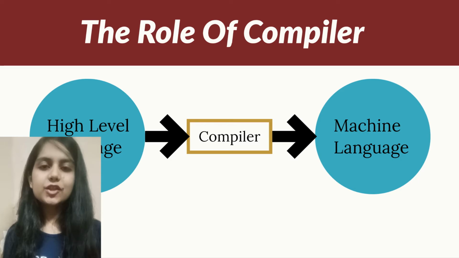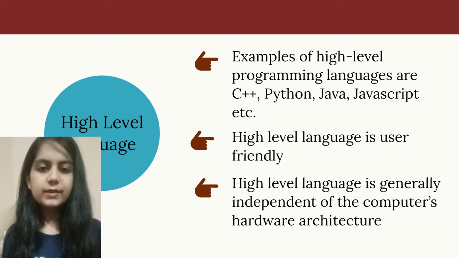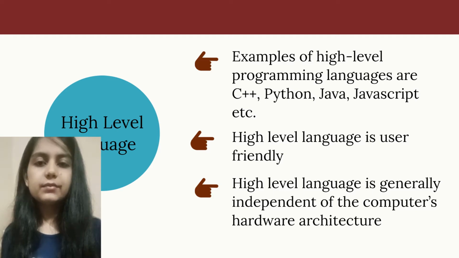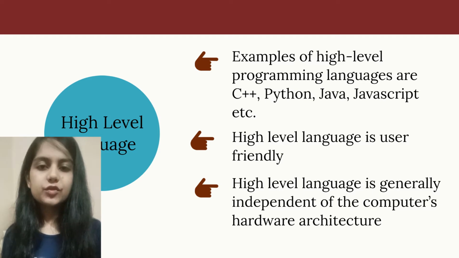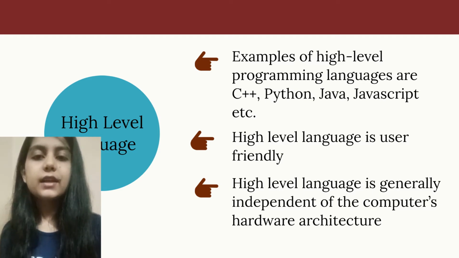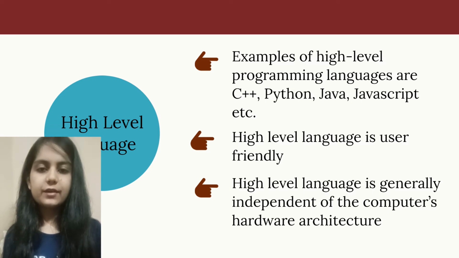This new language is machine language. A high level language is any programming language that makes possible the development of a program in a much more user friendly programming context. A high level language is generally independent of the computer's hardware architecture.